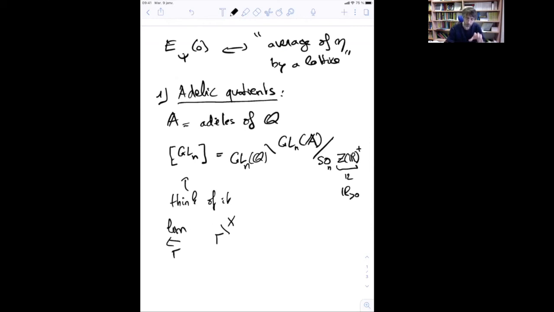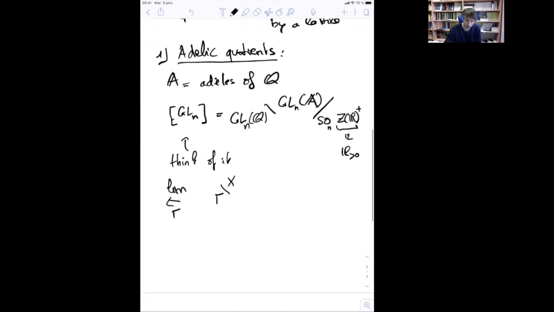And if you want to go back to a precise quotient, then consider a compact open subgroup K of the finite adeles.